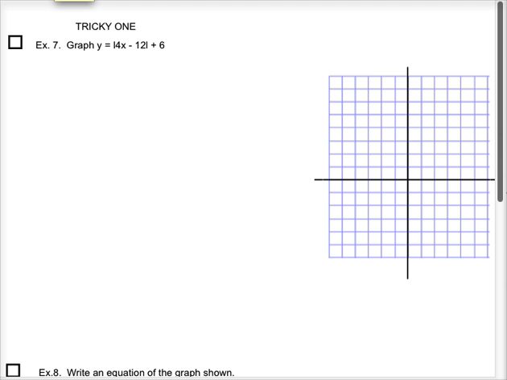So what I'm going to end up doing, I'm actually going to factor that 4 out. You can factor a constant out of an absolute value, okay? So, because of that, now I have the setup that I need where I can see what my horizontal shift is and my vertical shift.